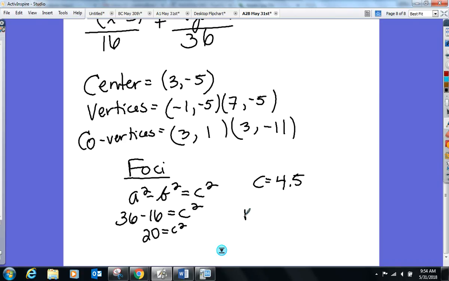Up 4.5, negative 0.5. Down 4.5, negative 9.5.